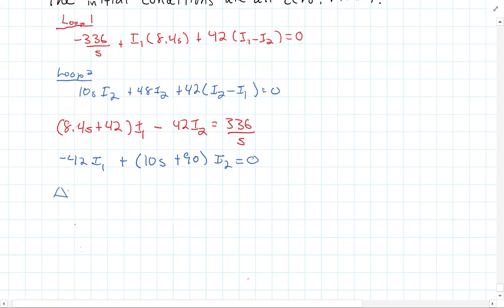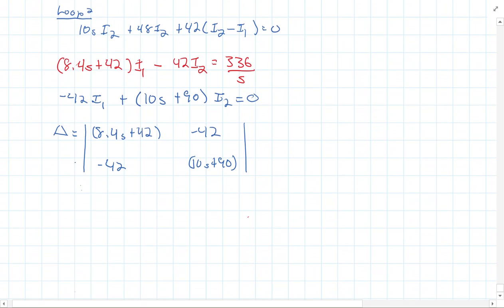So remember, we have this triangle, which is the determinant, and in this case it'd be the determinant of 8.4S plus 42, negative 42, negative 42, 10S plus 90. So that's what we'd have as the determinant there.